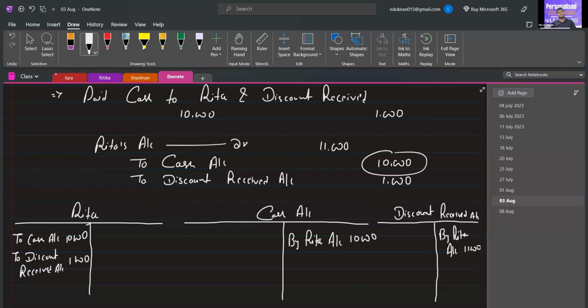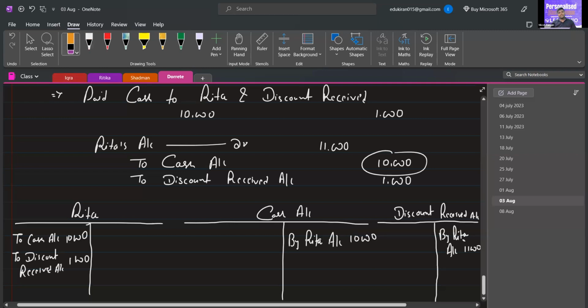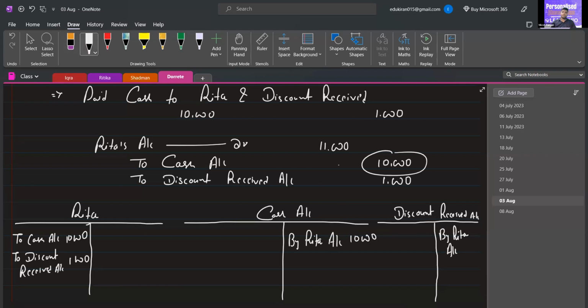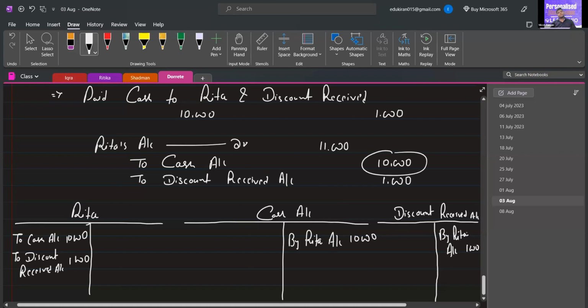And here it will be 1,000 because in front of discount received, only 1,000 is written. But in Rita account, if you have seen the entry, the total amount is 11,000. And if we write like this, we will get 11,000 in total. So this is the correct situation.